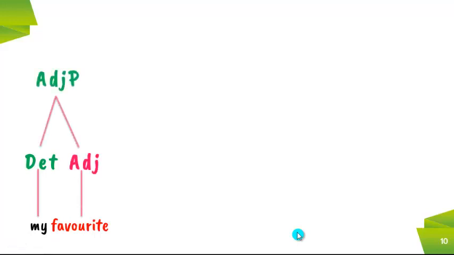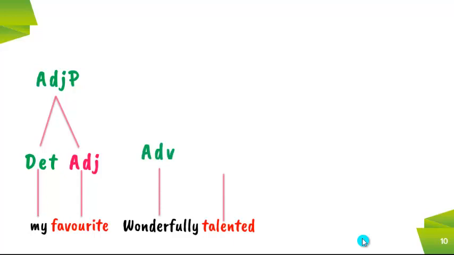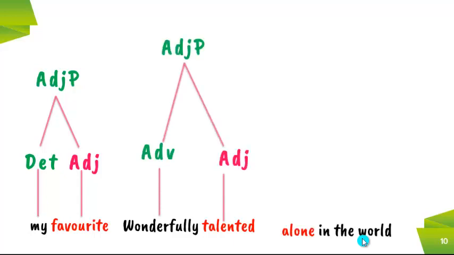3 diagrams. This phrase, so the main or the head word is adjective, it's clear. Wonderfully talented, also 2 words. The adjective is the head word.